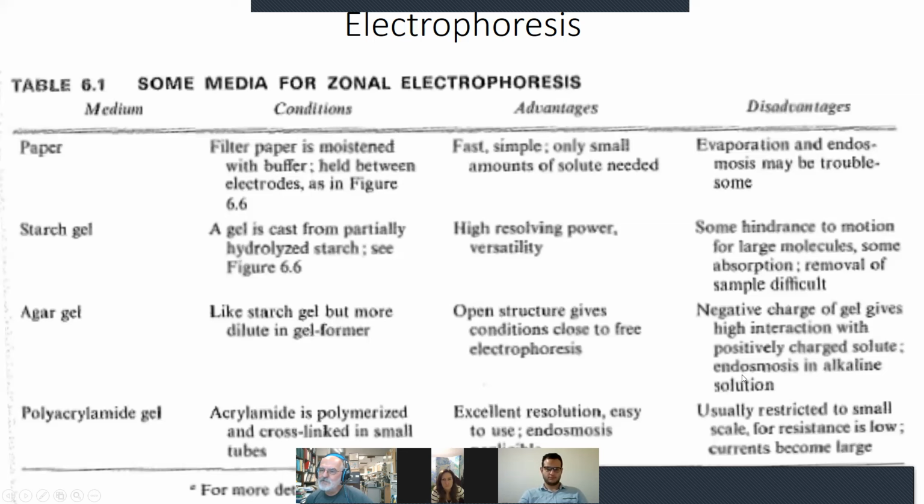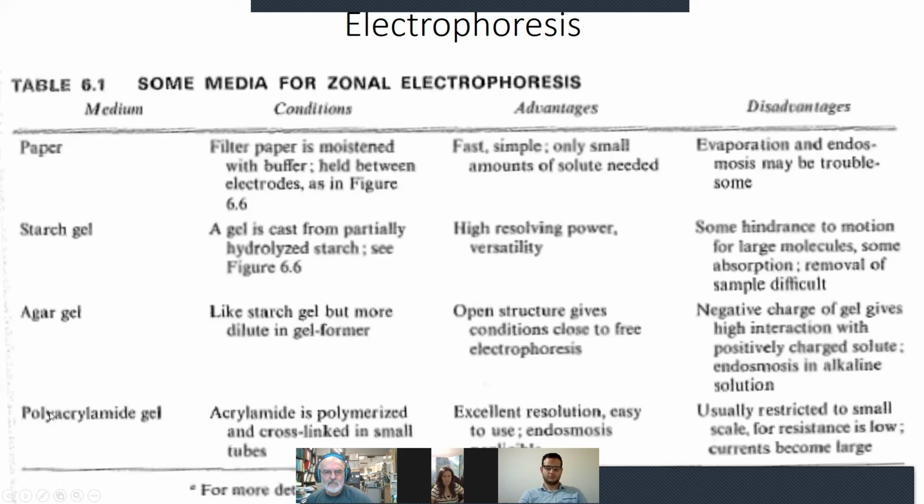They work best with DNA, and that's how most people run their DNA samples, in part because the pores are so big and it allows large molecules to migrate. Notice this is saying here that the gel in agarose tends to be negatively charged. So that may be one of the reasons that it works better with DNA than with protein.